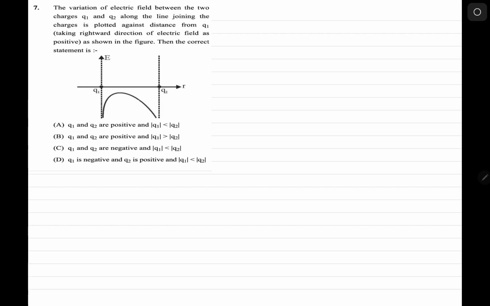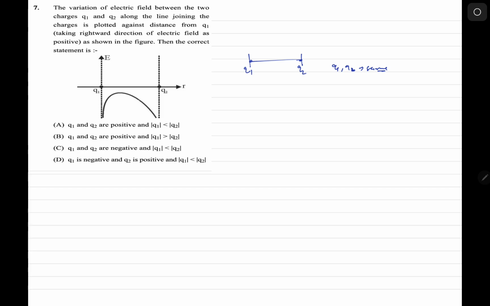That means q1 and q2 are not of the same nature, because we know that when the charged particles q1 and q2 are of the same nature, then the equilibrium point will be between the charged particles. But when they are of opposite nature, then we don't get a point between them. So there are high chances that q1 and q2 will be of opposite nature.